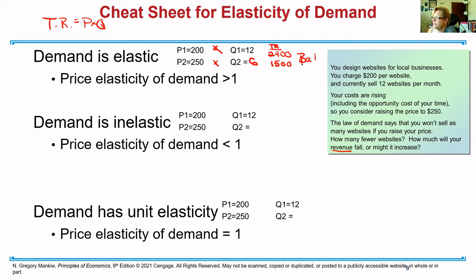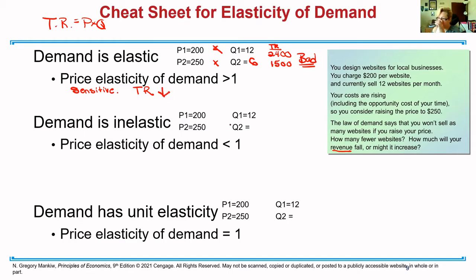Why? Because your total revenue decreased substantially. In this case, the price elasticity of demand is greater than 1. So buyers are very sensitive to changes in price. And in an elastic demand situation, our total revenue will decrease.